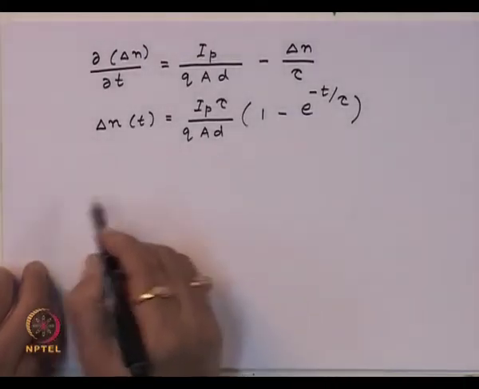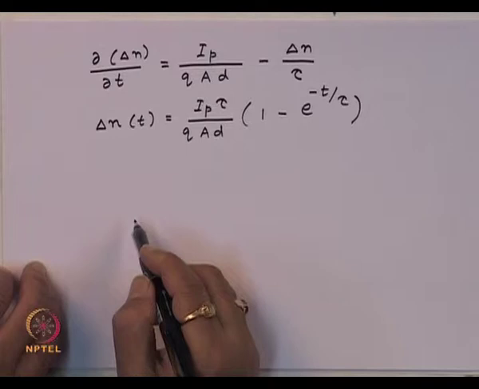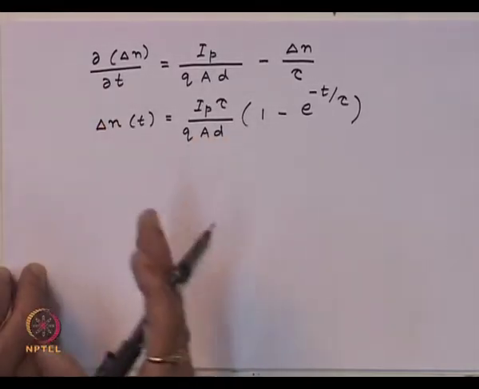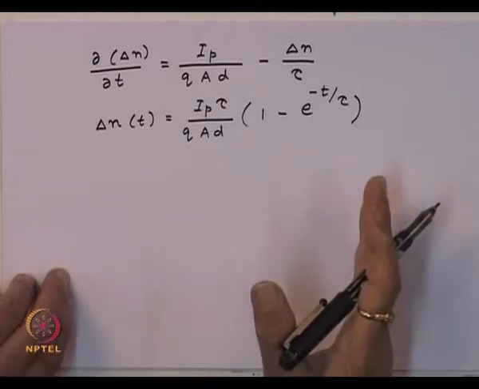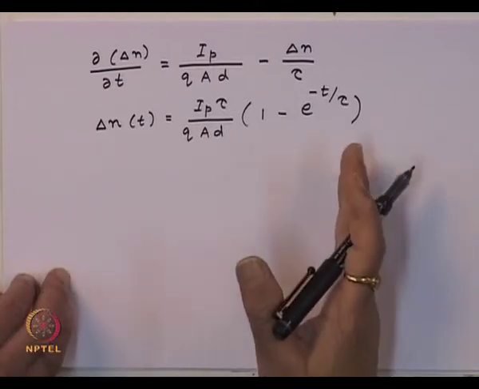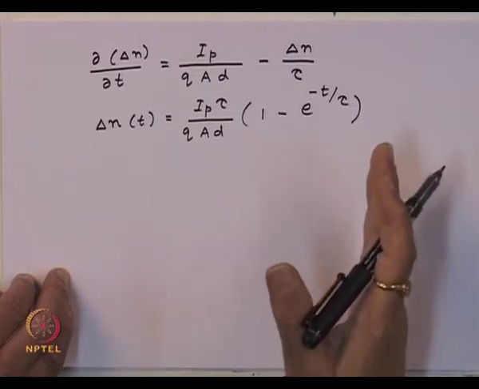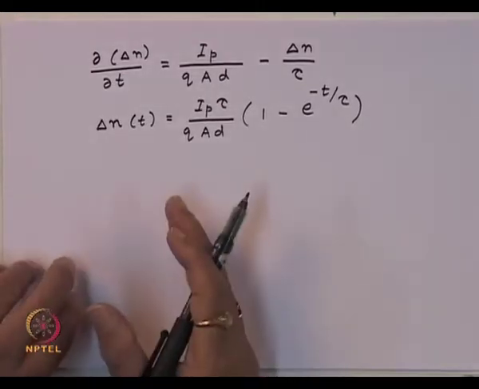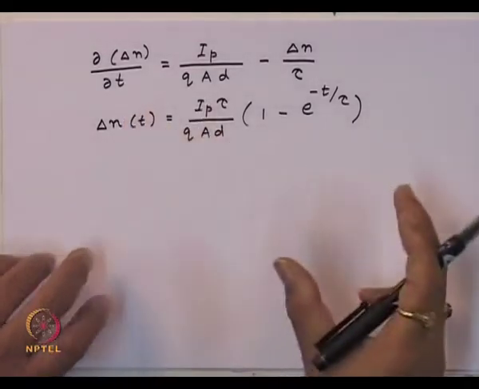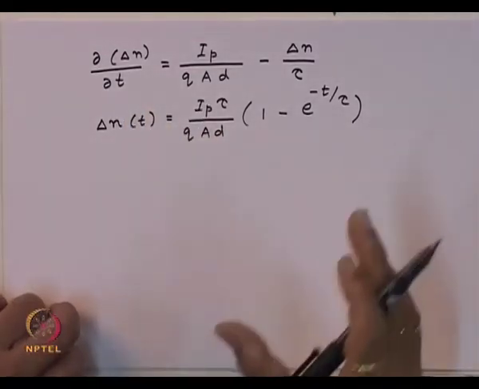Now, if you look at the laser characteristic, we know that if the laser was unbiased, the initial current is 0, and then for lasing to take place, the electron density has to increase to a certain value where population inversion takes place, and then the laser will start lasing. So, it is going to take certain time to build the electron density in the recombination region to a minimum required value.